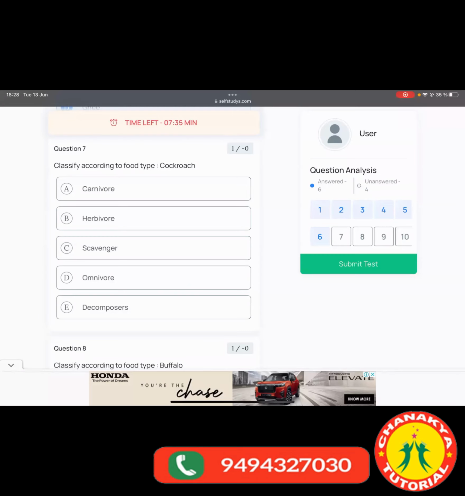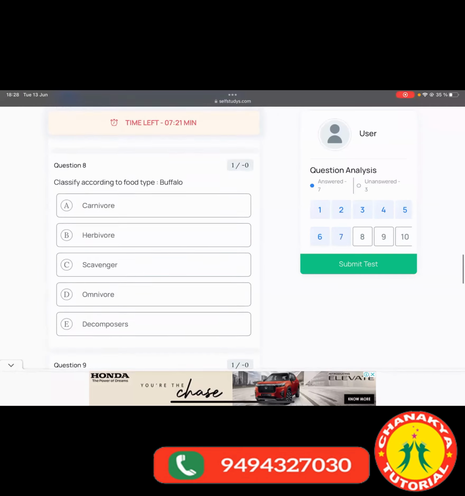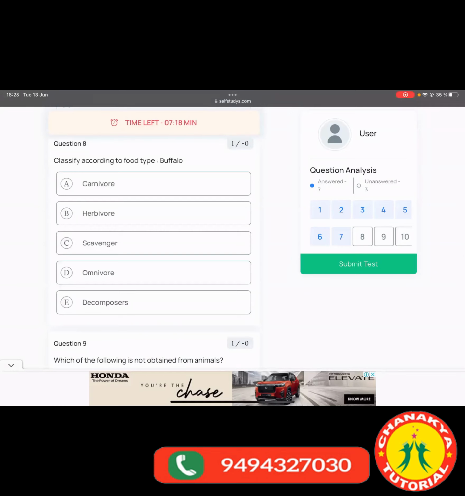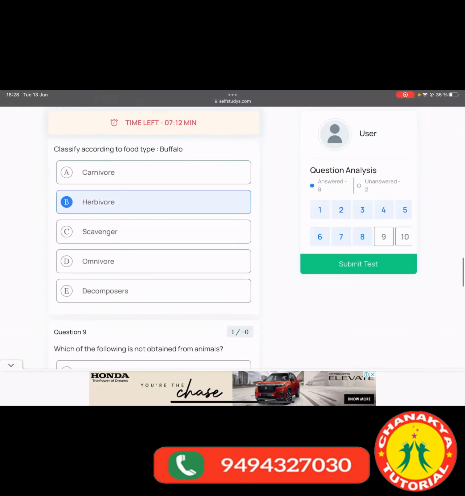Carnivores, ma'am. Okay, but actually cockroaches eat both plants and animals. So they're actually omnivores. Next. Omnivores, very good.